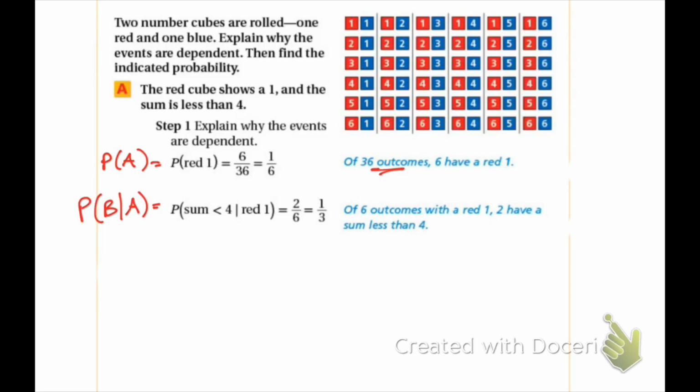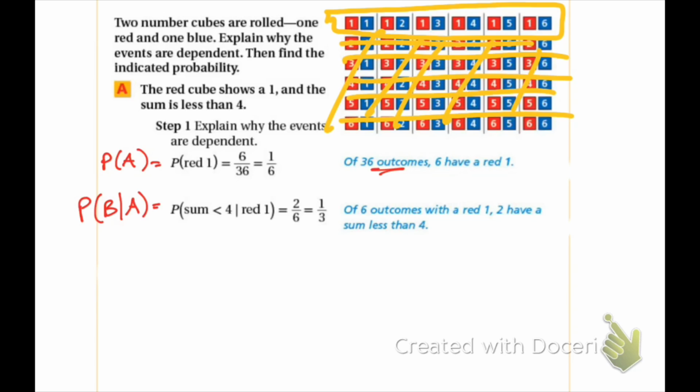So really what's going on is that because a red 1 has to be rolled, I'm getting rid of all of these here. So ignore all those, I'm only going to look at everything with a red 1, which is that top row. Well, out of those, how many of those have a sum that is less than 4?